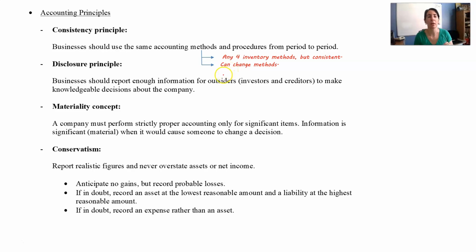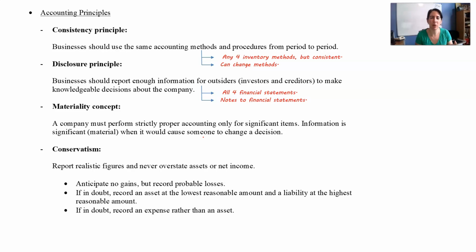All right. Disclosure. So, we have to put out all four financial statements, of course we do. And in the notes of the financial statements, like I just said, you have to disclose any change or anything related to inventory that would be important to someone. And that falls into the materiality concept as well. The materiality concept says you have to report things that would make a regular user change their mind if it wasn't stated.